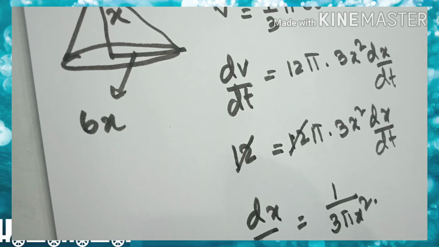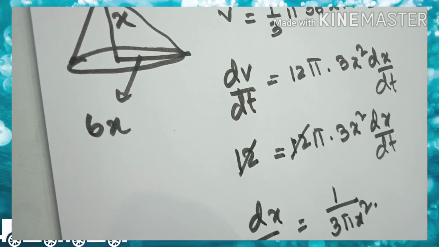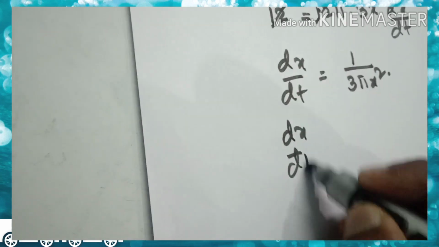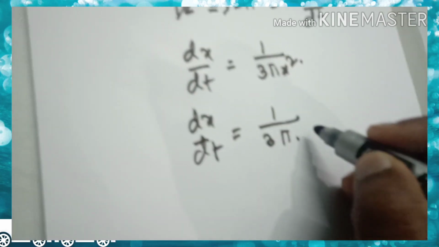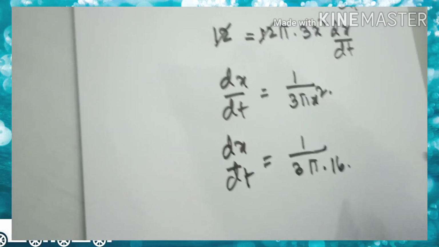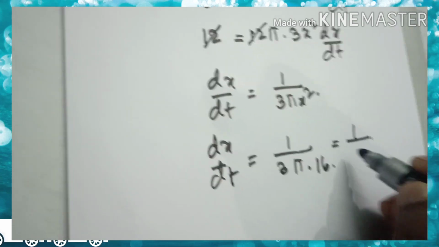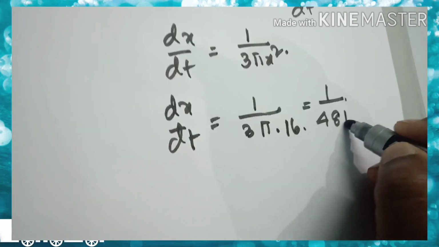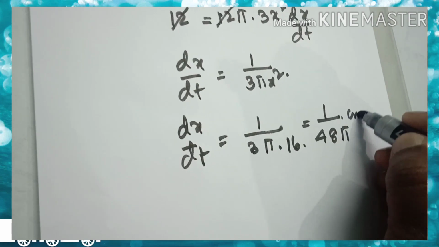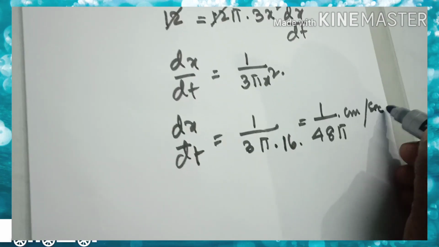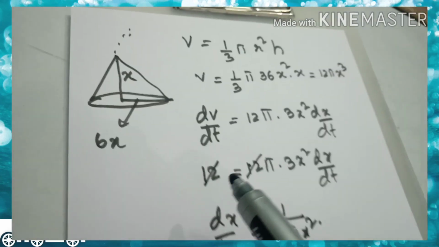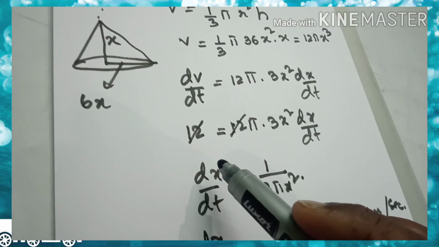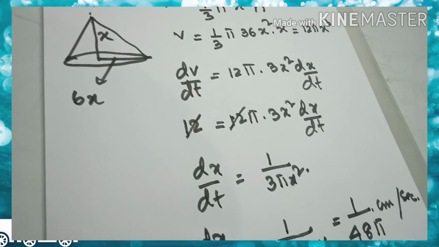Now when the height is 4, dx by dt will be 1 by 3 pi into 16, or 1 by 48 pi centimeter per second. So this is the change in the height when the height is 4 centimeter and the change in volume is 12 centimeter cube per second.